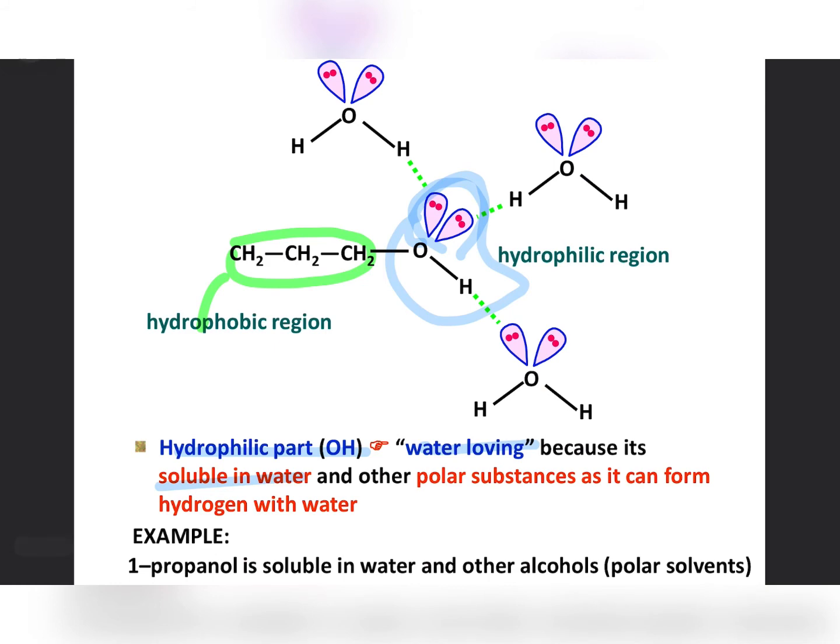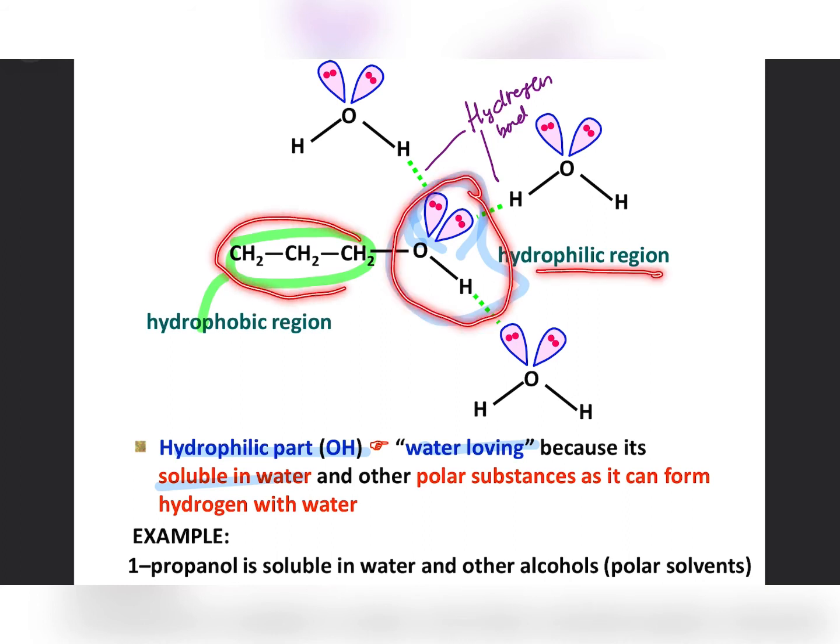Okay, so ini adalah example. So you can see this alcohol, propanol. Dia boleh buat hydrogen bond. So bila you draw the structure, kita label hydrogen bond. So your water molecule boleh buat hydrogen bond dengan alcohol, and dia akan buat hydrogen bond dengan hydrophilic region sahaja.